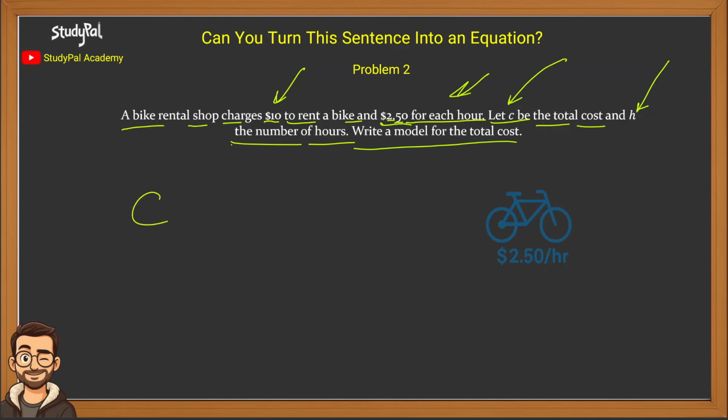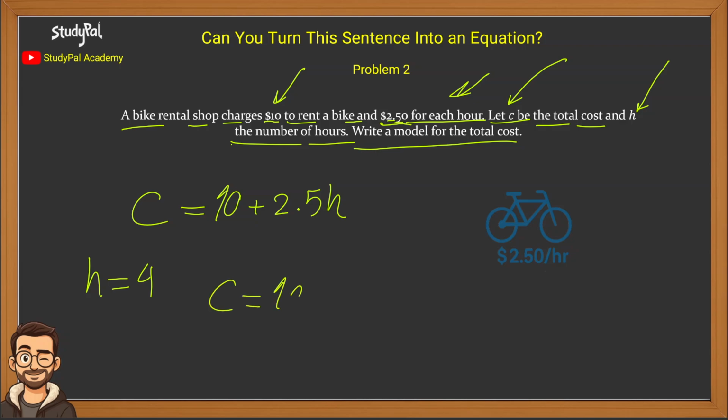So the total cost is, as you guess, there should be a 10, a fixed amount, plus the number of hours you use a bike times the cost for each hour, which is 2.5. All right, let's say you use a bike for 4 hours. It means that H is 4. What is the total cost?